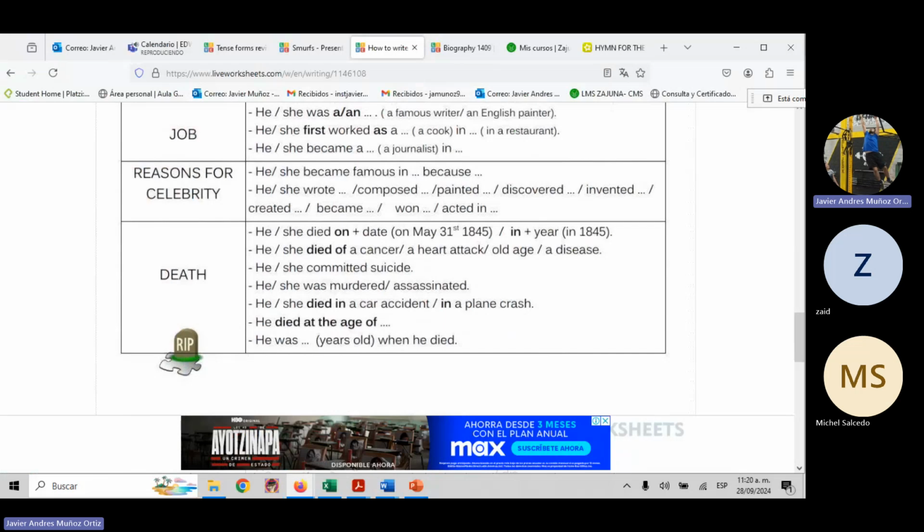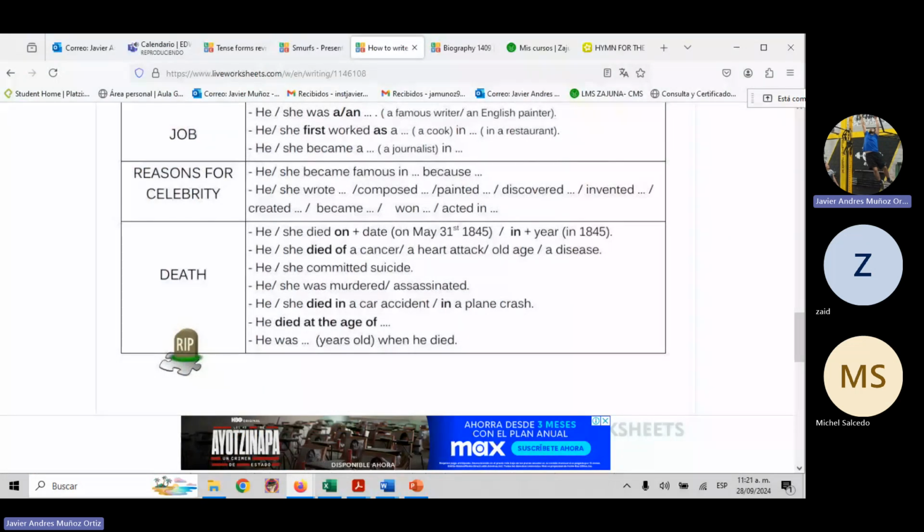With the next topic, we could talk about our chosen person. Normally, people who are important, well known, recognized by other people, by the world, are recognized because of his or her job, because of their activity, because of their contribution for humanity.